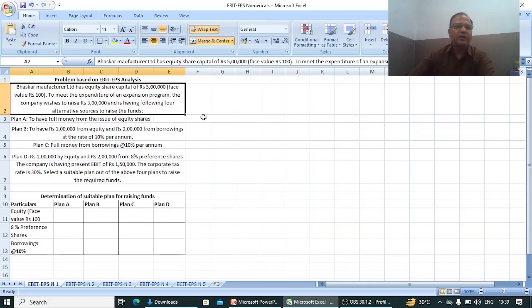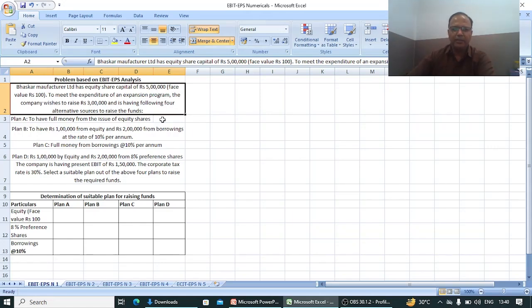I am repeating again. There is a company and the name of the company is Bhaskar Manufacturer. It has share capital of rupees 5 lakh and it needs rupees 3 lakh for an expansion program. Whenever it has to expand the business, it has some options. Option number one or plan A, to have full money from the issue of equity share.